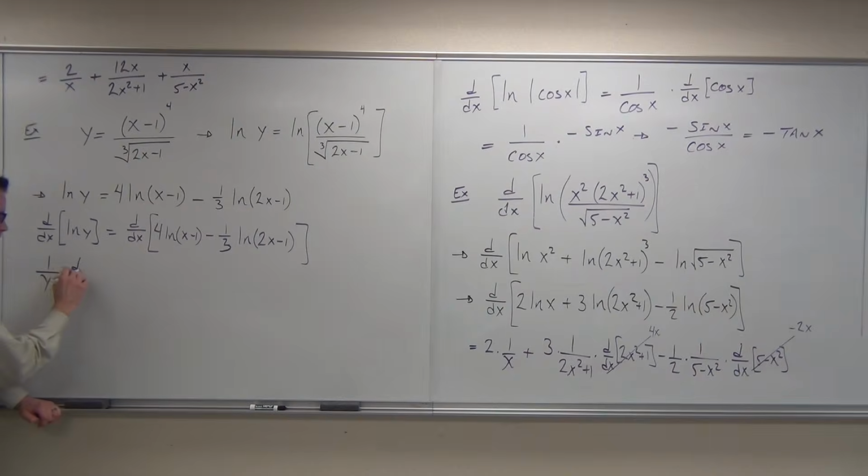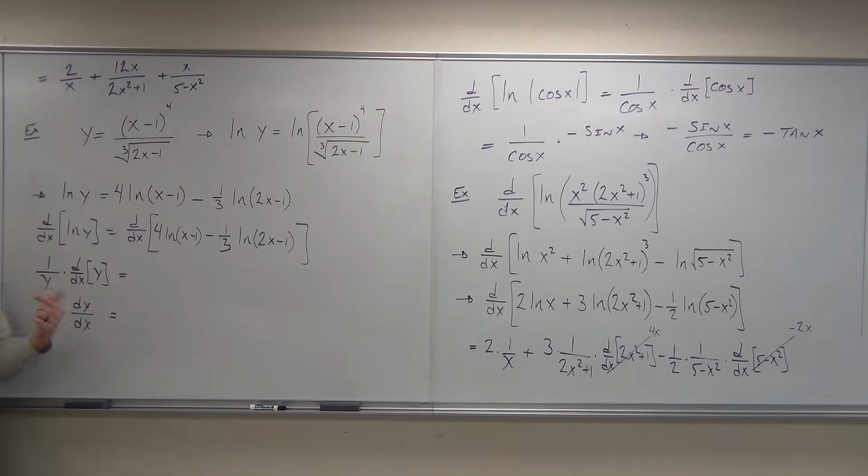But notice, you would do a derivative of the inside. Does that make sense? You'd have 1 over y, the derivative of ln, times the derivative of y. Look at this. This is dy dx. That's what that is. That gives you your derivative. So I'm going to go down here and give you dy dx.